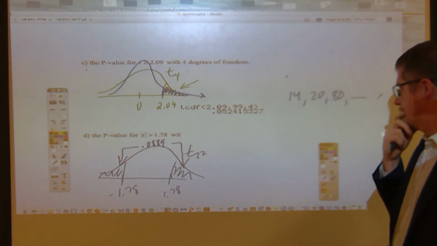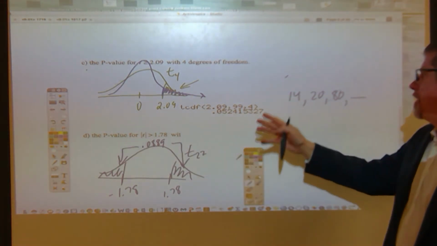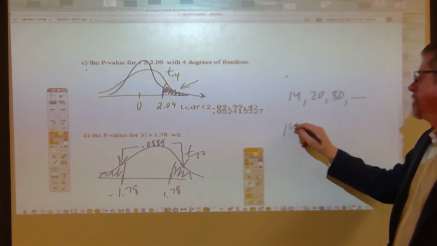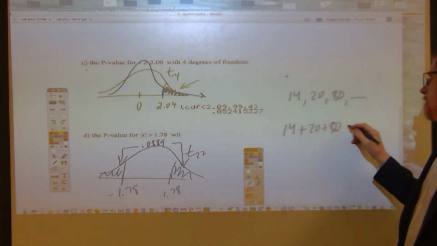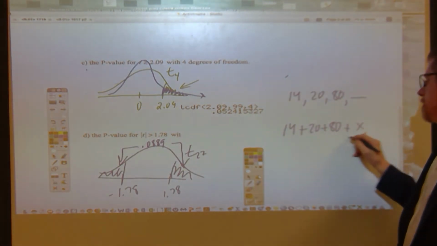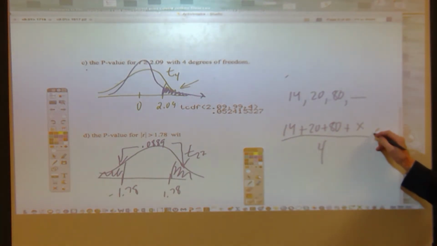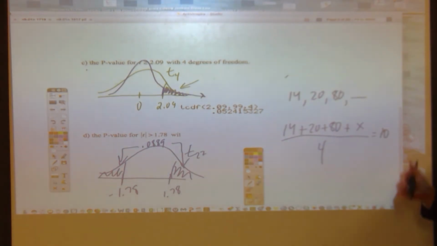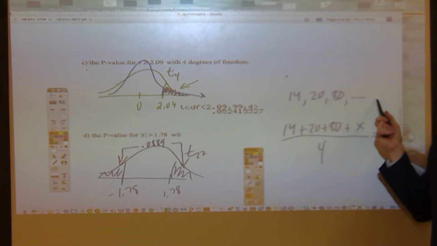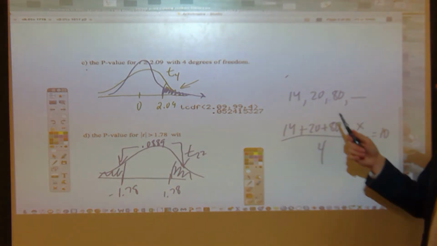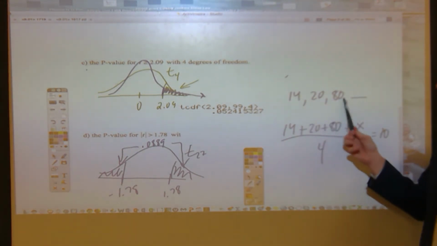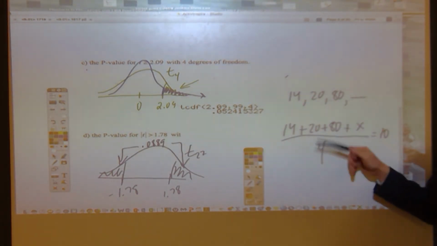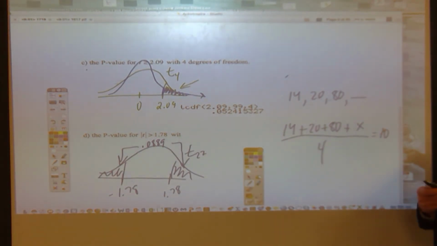Well, it doesn't matter what these first 3 numbers are, because I do have 1 degree of freedom here. I can solve for that fourth number when I add the numbers up and divide by 4 to get 10. So I can have 3 of the 4 numbers be chosen freely, and then the last one is determined, and that ensures the average is going to be 10.